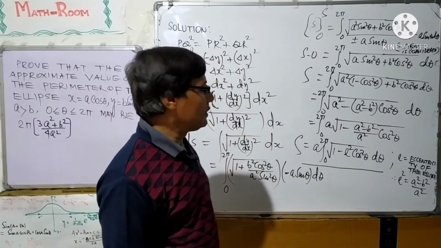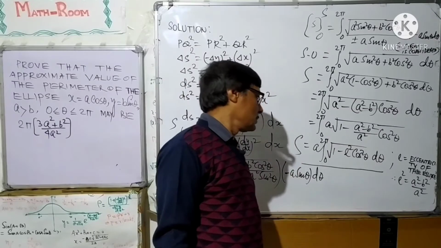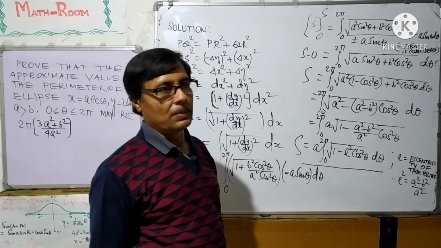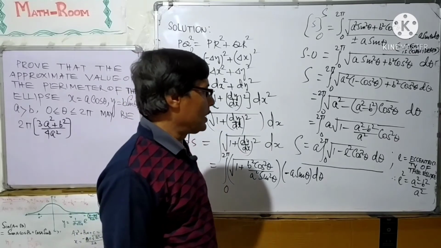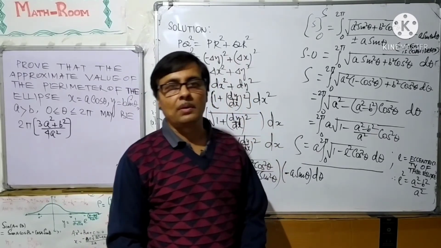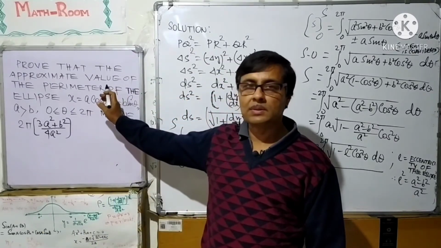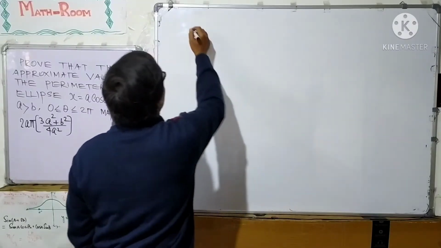We have to find its approximate value, that is, the approximate value of the perimeter of the ellipse whose equation is given as this.